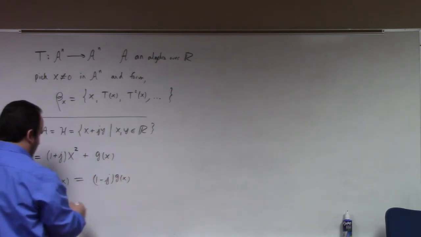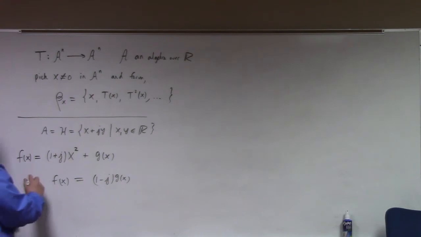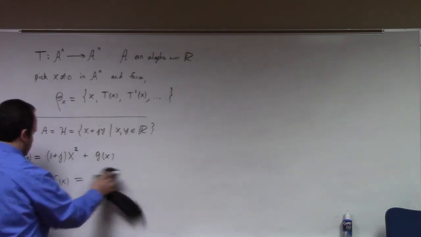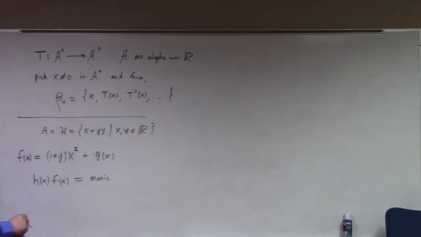No, I mean multiply with some polynomial, so it's not the zero divisor. I can multiply this by h of x such that this is monic. So there's something in h of x that conspires to remove the offending degenerate maximum term.